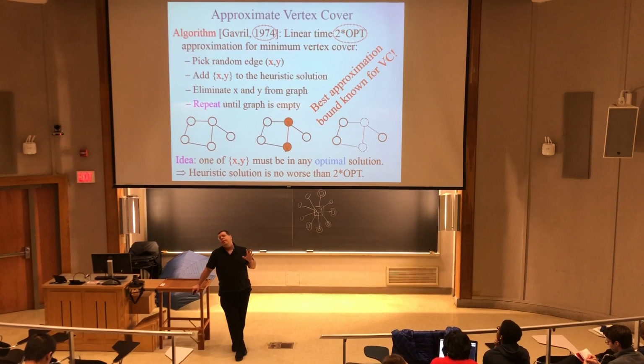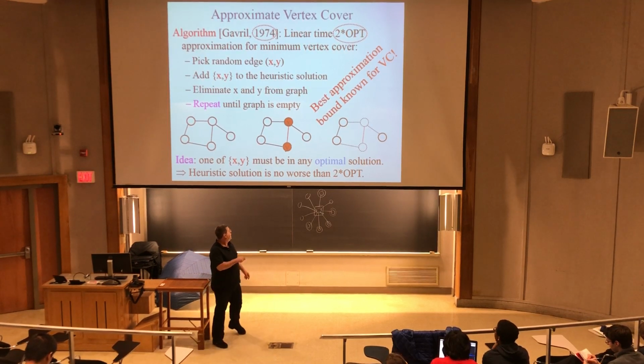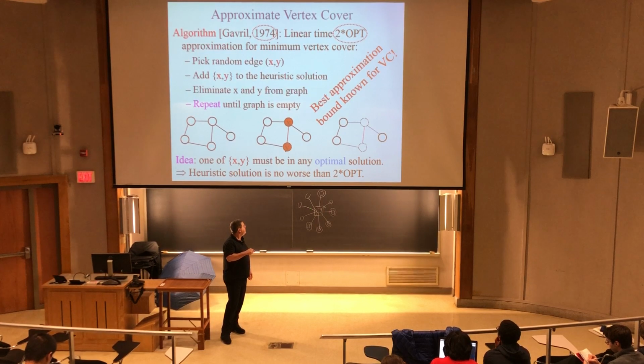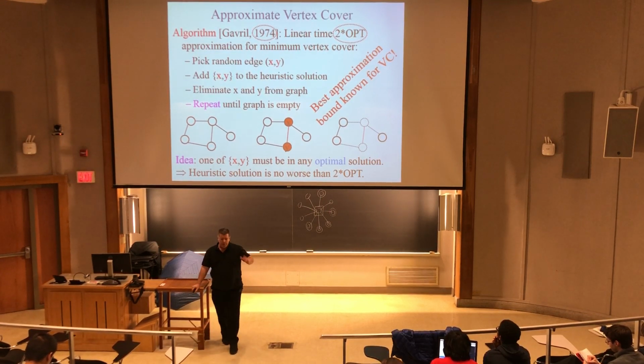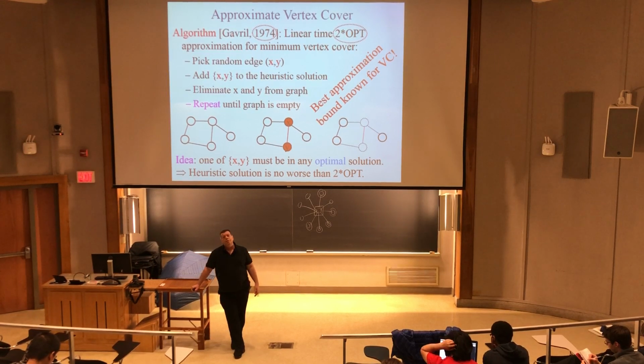So how would you use this heuristic that I drew on the board, highest degree node, repeat, and still retain the 2 times optimal bound at the same time, and still be within polynomial time, of course, because we're talking about heuristics, so exponential time is off limits.